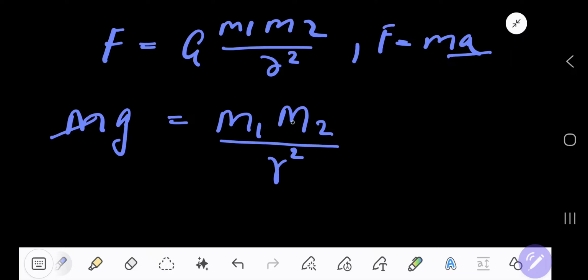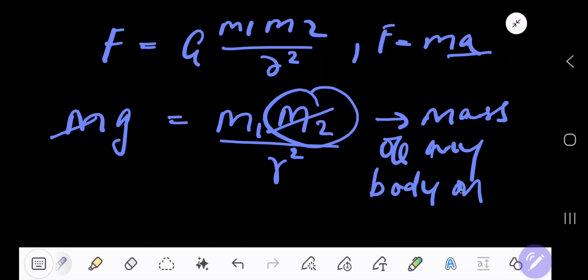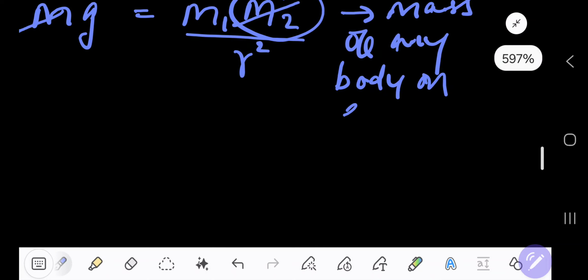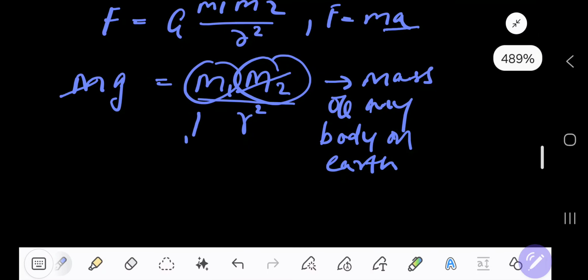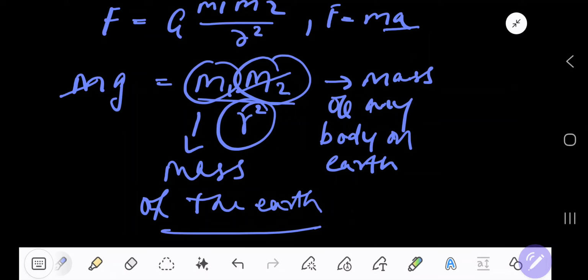We can cancel the m. This m is the mass of any body on earth, the other m is the mass of the earth, and this r squared is the radius of the earth squared.